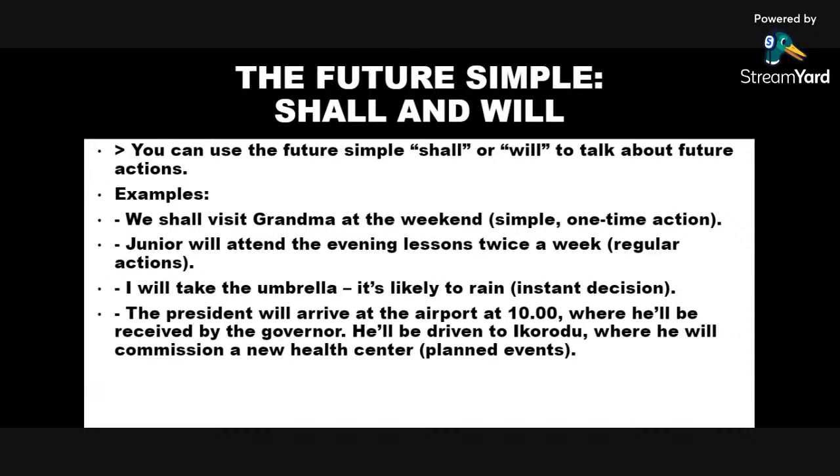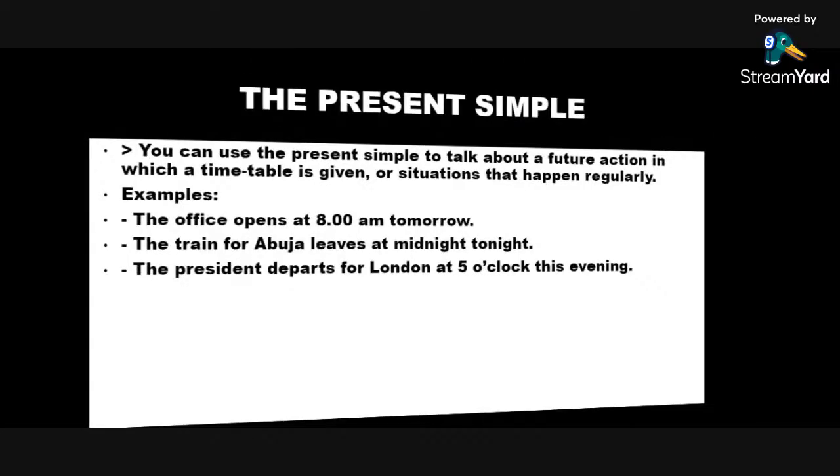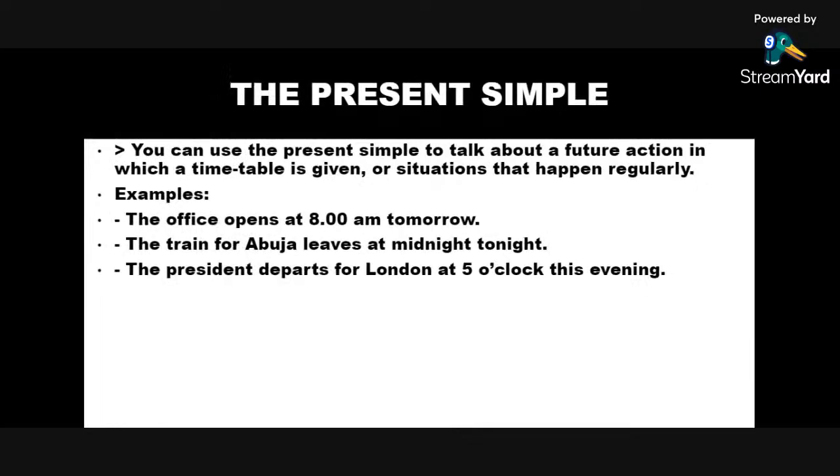So having said that, let's now proceed to the next item, and that is using the present simple. You can use the present simple to talk about a future action in which a timetable is given or situations that happen regularly.